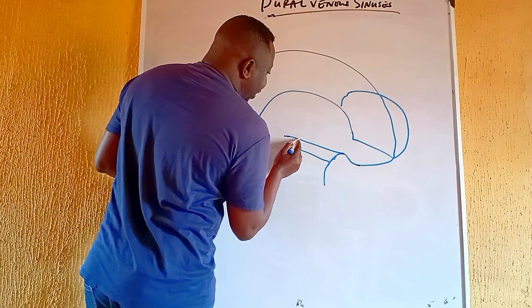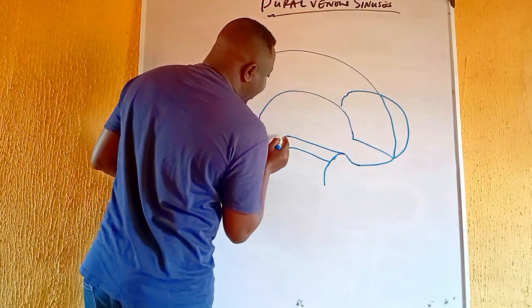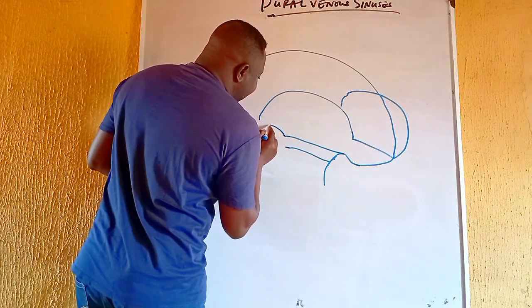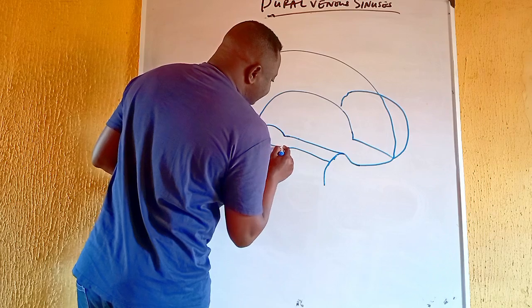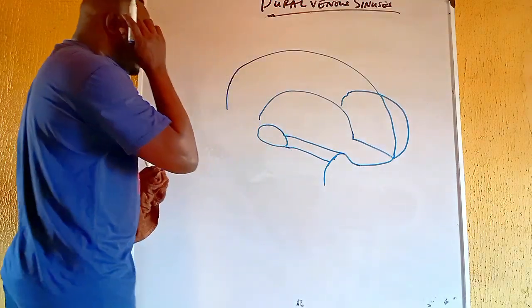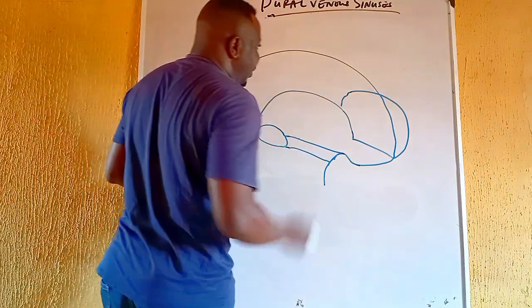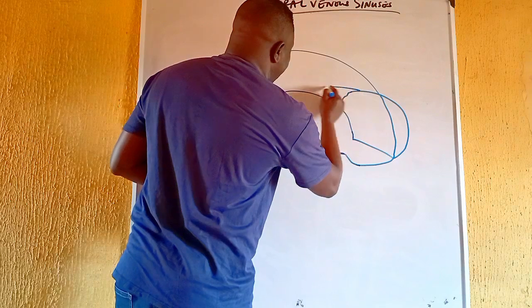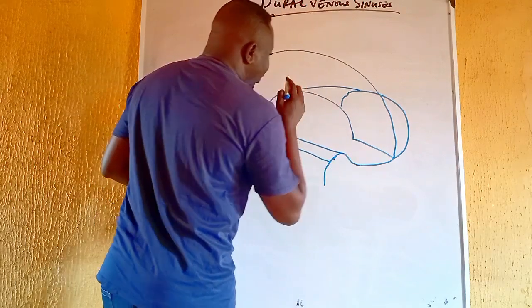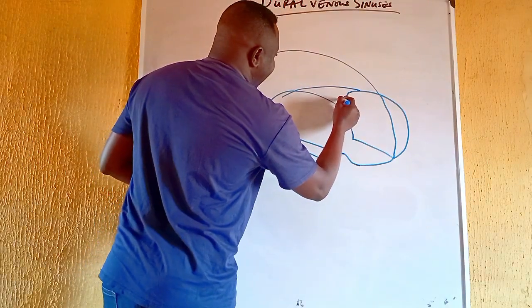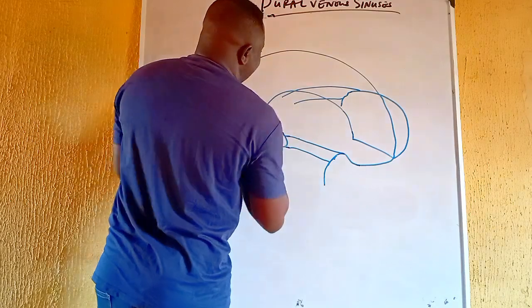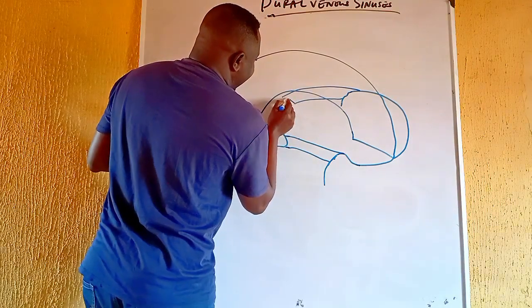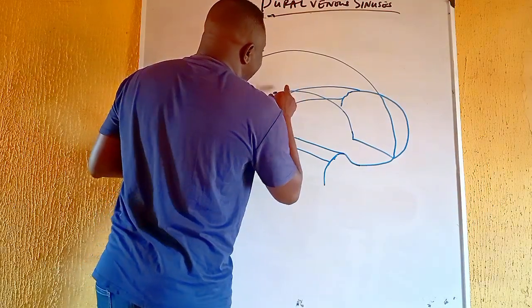And of course, the superior and inferior petrosal sinuses are connected with another sinus that is referred to as the cavernous sinus. So the same thing is applicable here. We have a superior petrosal sinus and an inferior petrosal sinus that are associated with the cavernous sinus.